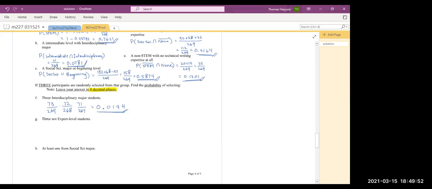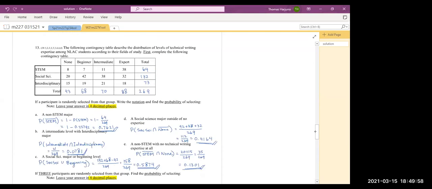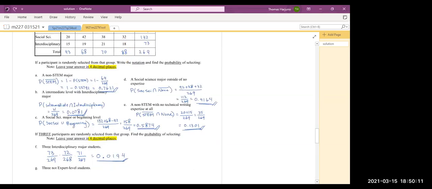Okay, now part G, 3 not expert level. This is the expert level, right? Now, how many not expert level? 269 minus 88.